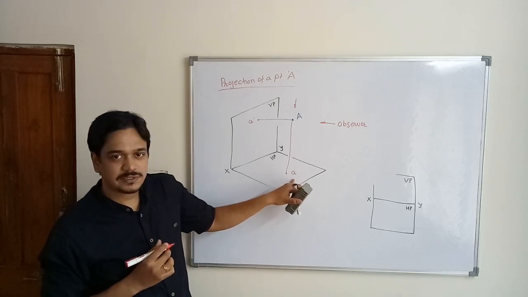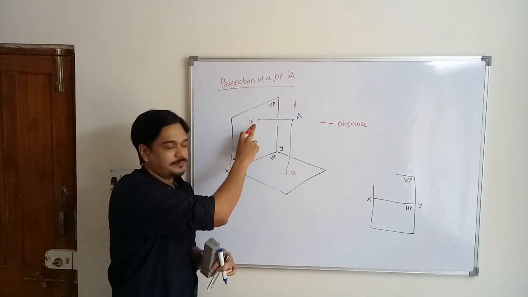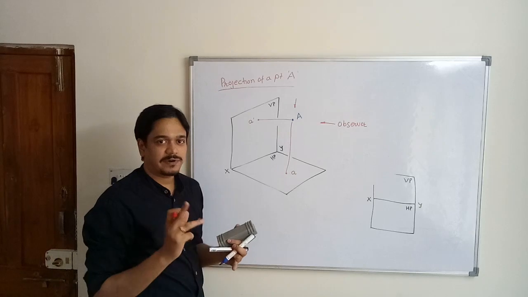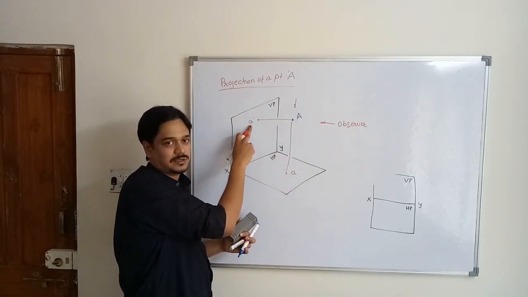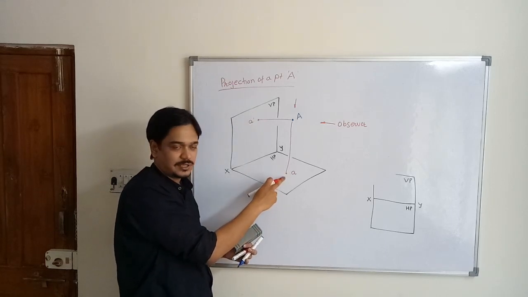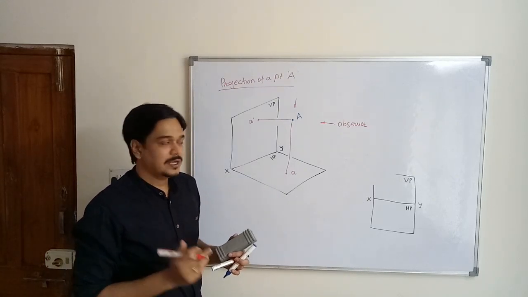This is the naming convention you have to use for obtaining the projection of a point on the vertical plane and horizontal plane. If you are observing from the front direction, you name this point a dash, simply by putting a dash. And if you are observing from the top direction, you simply use a small letter, that is a.